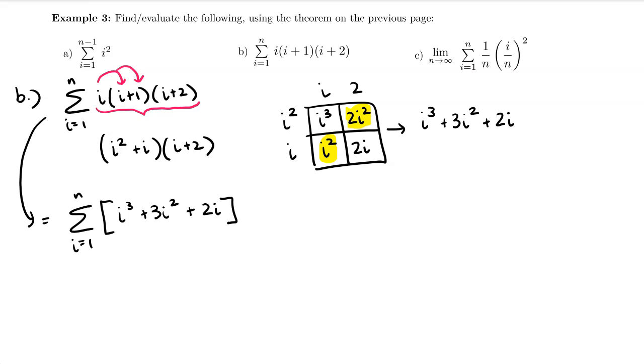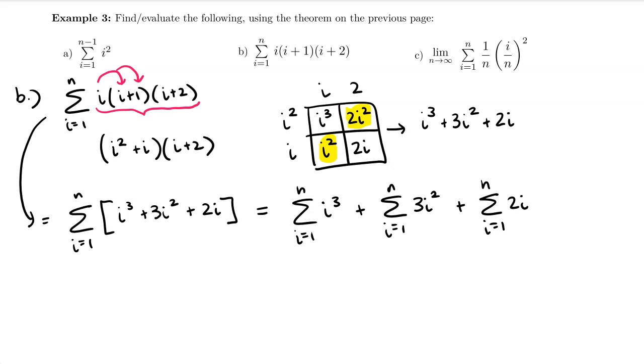Well, now we want to use an even earlier theorem that we learned about in order to write this into multiple summations. So using an earlier theorem, I can apply the summation to each of these terms. So I have the summation from I equals 1 to n of I cubed plus the summation from I equals 1 to n of 3I squared plus the summation from I equals 1 to n of 2I.